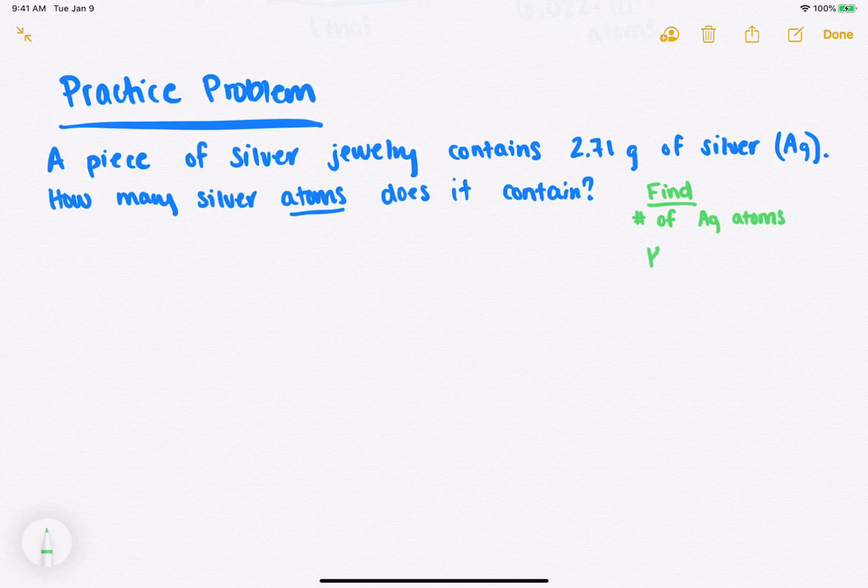Then I like to identify what information we already know. So we already know that we have 2.71 grams of silver. And we know that 1 mole is equal to 6.022 times 10 to the 23rd atoms.